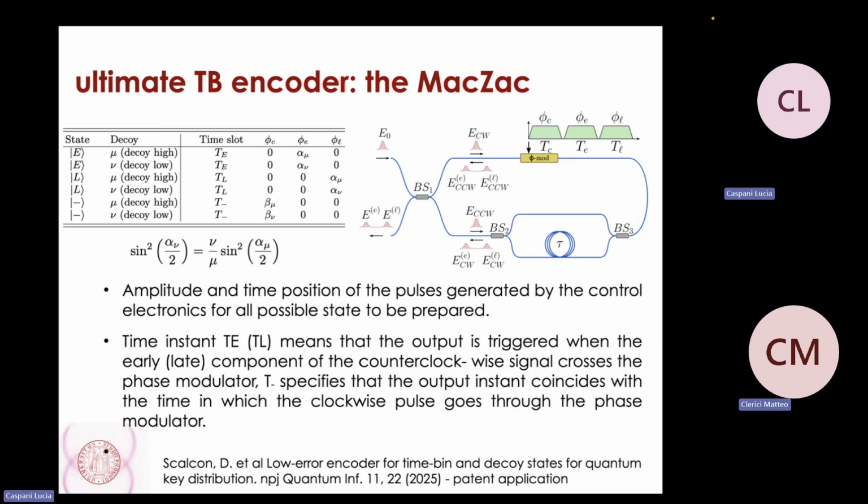For the time being, the ultimate realization is also exploiting Sagnac again, now nested with an unbalanced Mach-Zehnder interferometer.